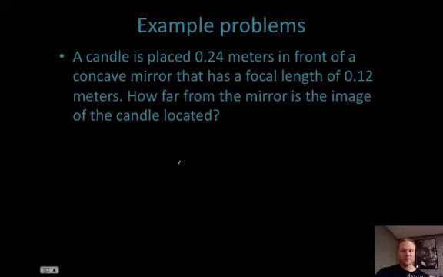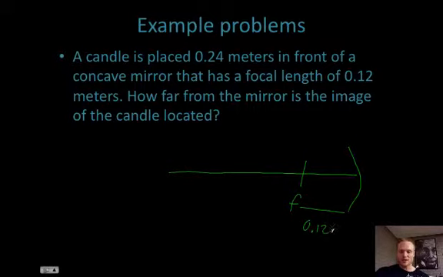Okay, well, as always, I highly recommend drawing out your problems. So I'm going to draw a principal axis, and then I'm going to draw my concave mirror, and here is my focal length, which they say is 0.12 meters. So from here to there is 0.12 meters. And then I have a candle, which I will just represent with an arrow.